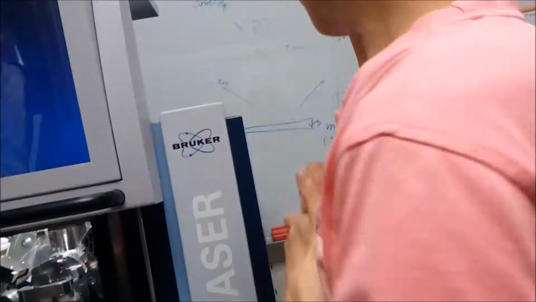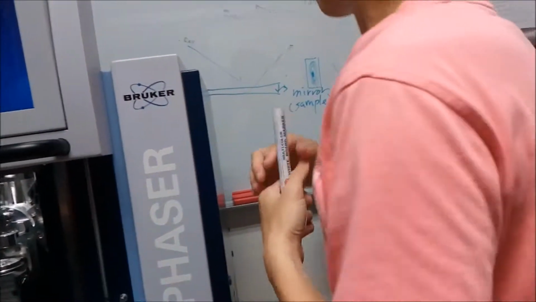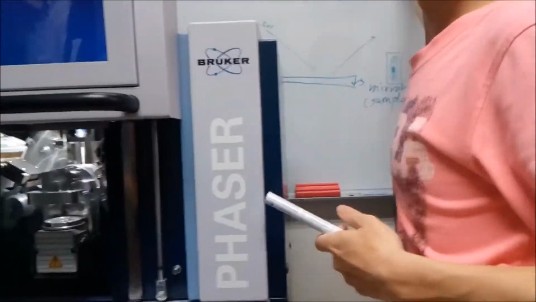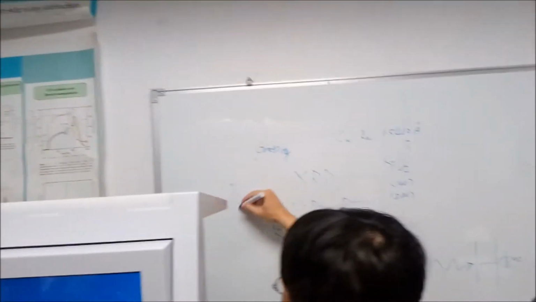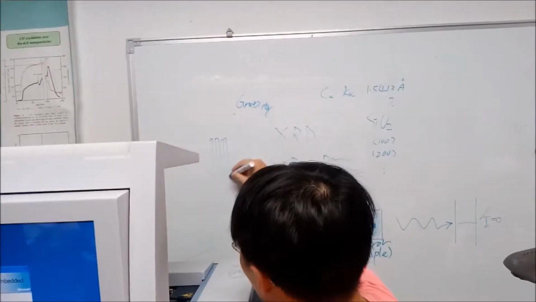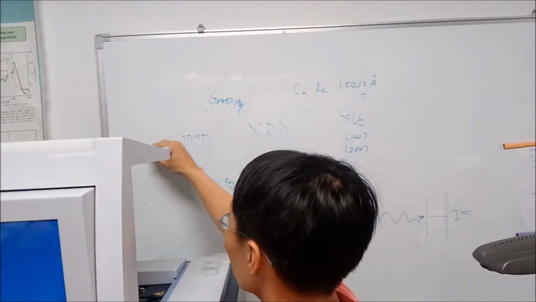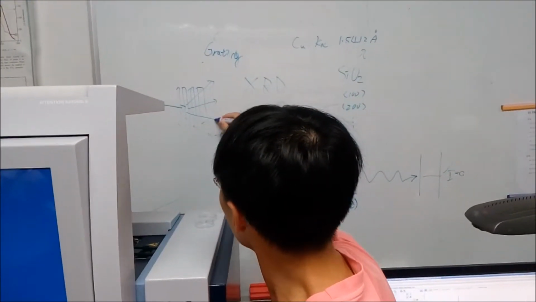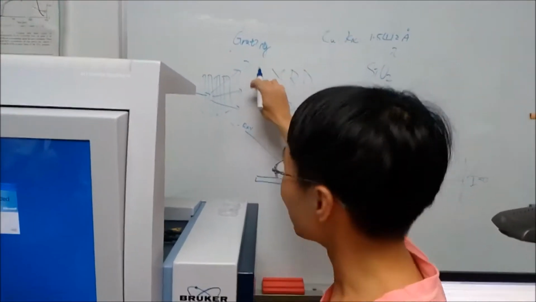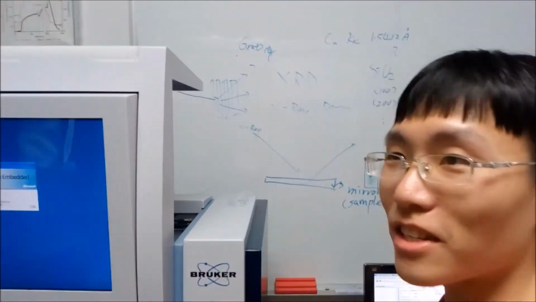It's called lambda, right? Different lambdas go in different directions. That is the grating. Because the grating is like this, and when the light comes in, it separates the different K-alpha wavelengths in different directions.